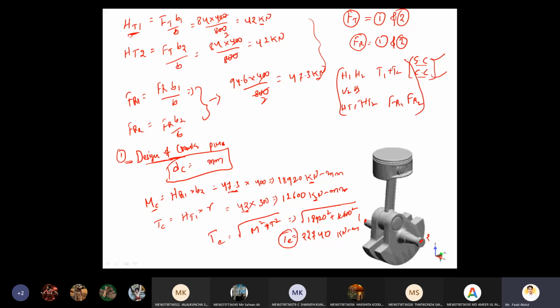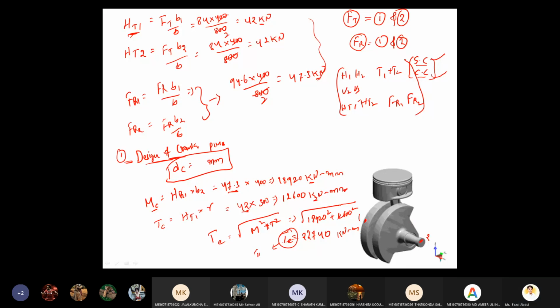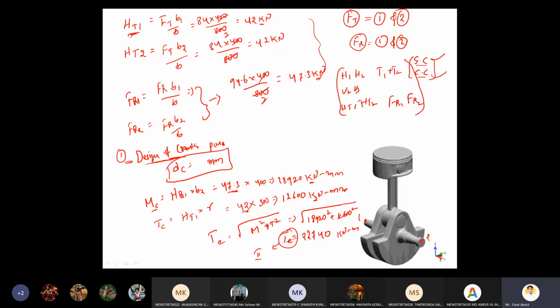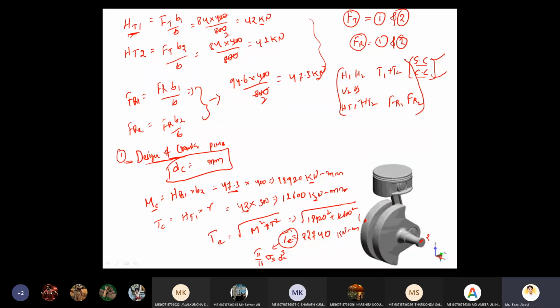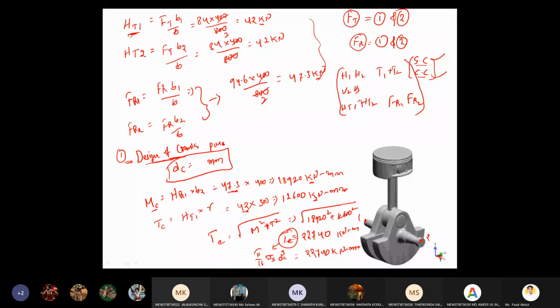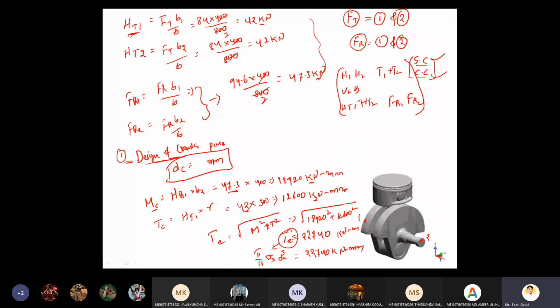For the twisting moment of the shaft, we have another relation: pi by 16 into sigma s into d cube. Because we are calculating DC, I am writing D suffix C, equal to 22,740 kilonewton mm. Here pi by 16 is a constant, and the sigma s value I am taking here is 35 megapascal.